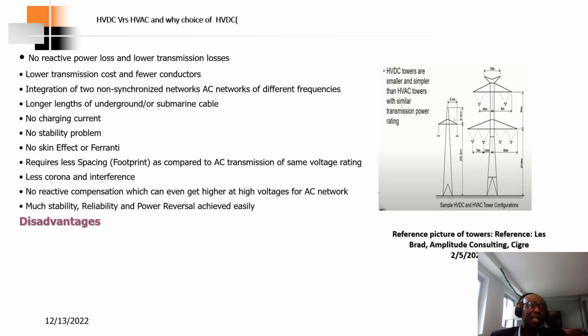Now let's talk about the disadvantages of a high voltage DC transmission system when compared to a high voltage AC transmission system. The terminal cost can be very high. But if you break it down, it pays off with time, based on continuous operation of the HVDC scheme.